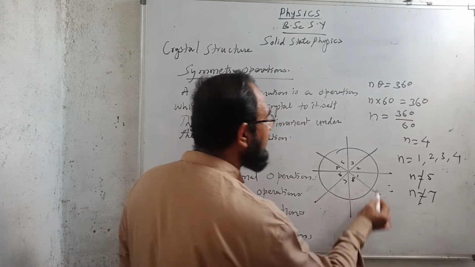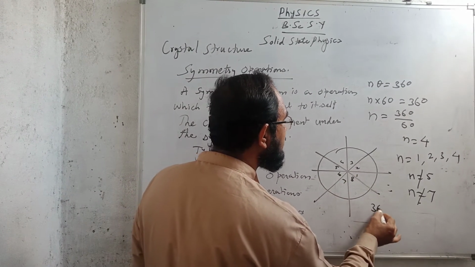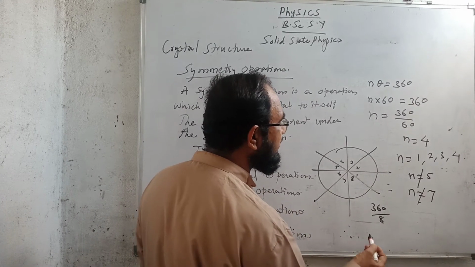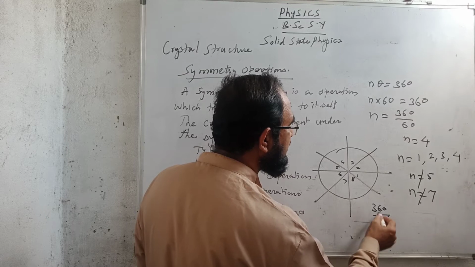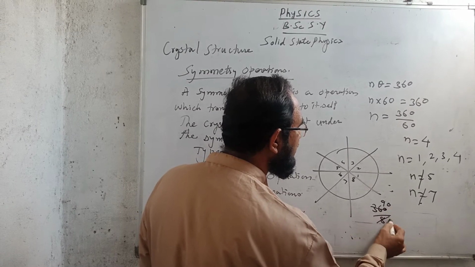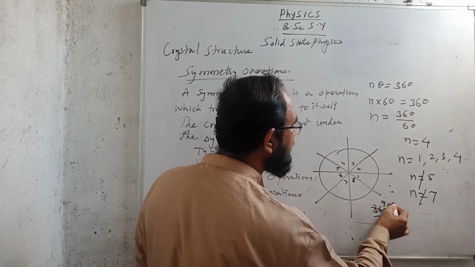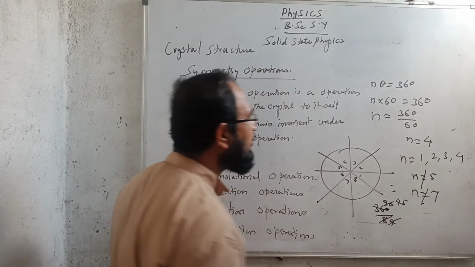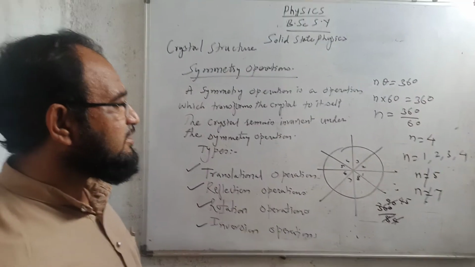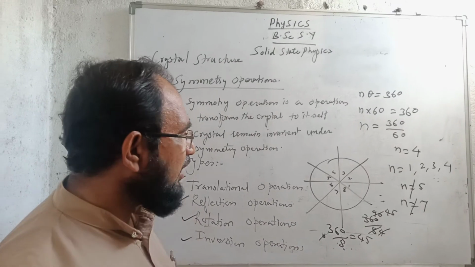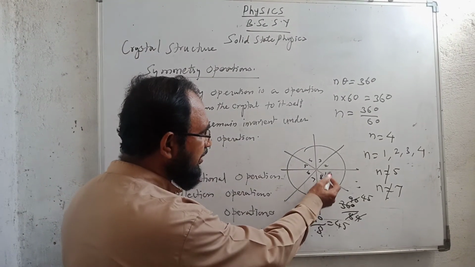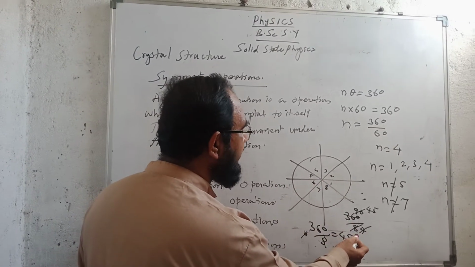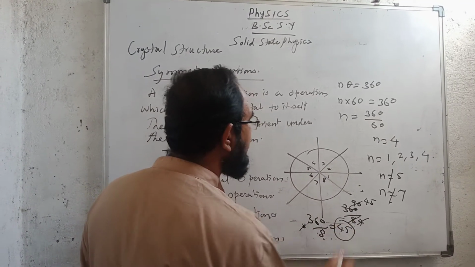The total angle is 360, so if I take 8 parts, 360 by 8 will give the angle 45.